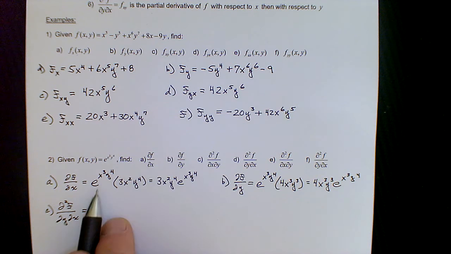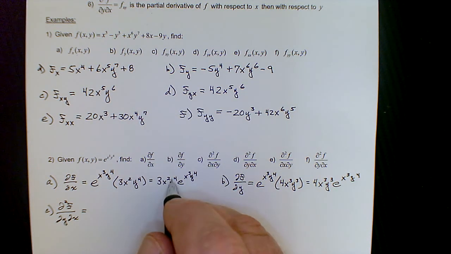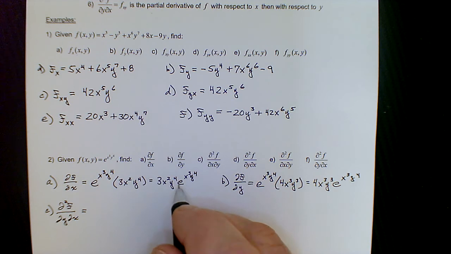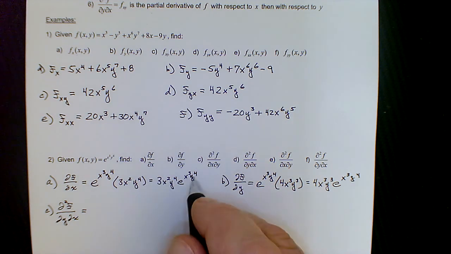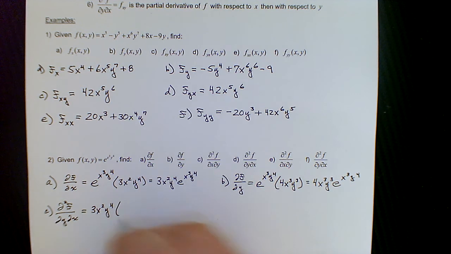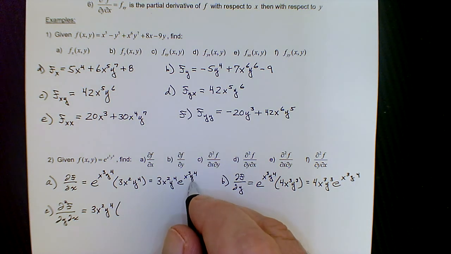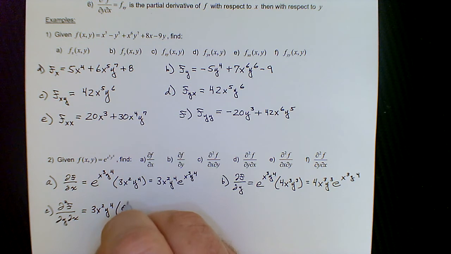So we're going to be focusing on part A. And now we're actually going to need the product rule because we're doing this with respect to y, and we have a function of y times a function of y. So by the product rule, first factor, 3x squared y to the 4th, derivative of the second, derivative of e to the x cubed y to the 4th, again recopy.